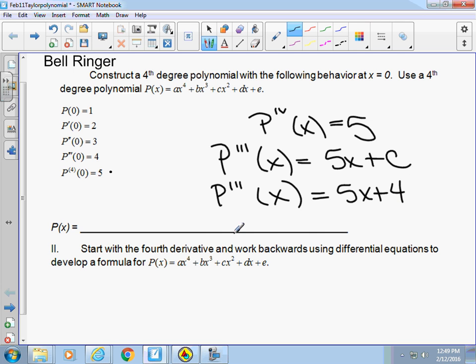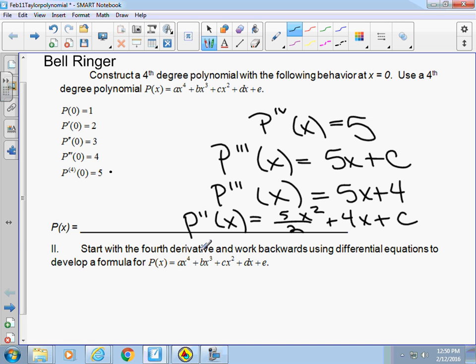Okay, and now I'm going to find the second derivative by anti-differentiating. 5 over 2 x squared, everyone agree with that? Plus 4x plus C. Any questions?